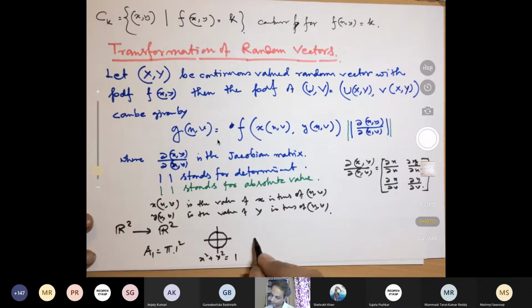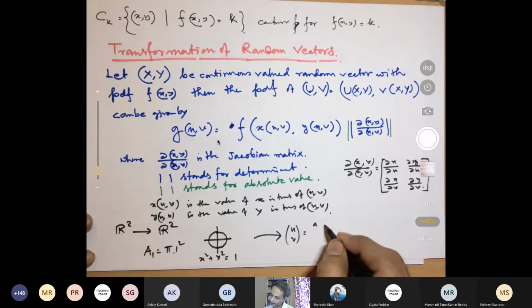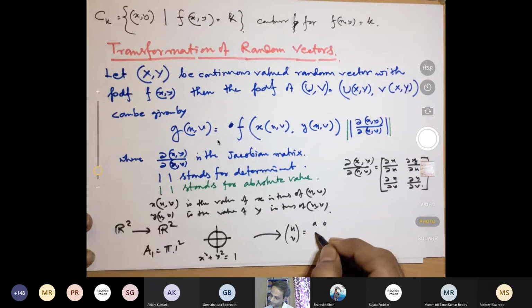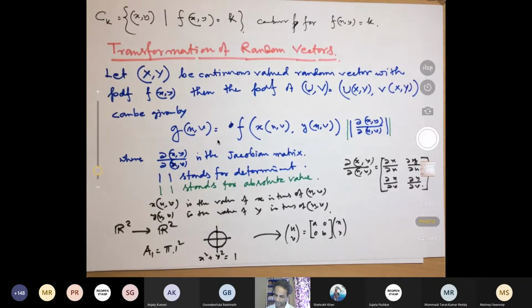Now I am doing the transformation in this way: (u,v) equals the matrix with a, 0, 0, b, times (x,y). What will be the equation of u and v?